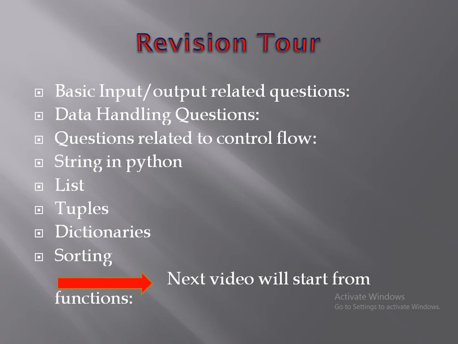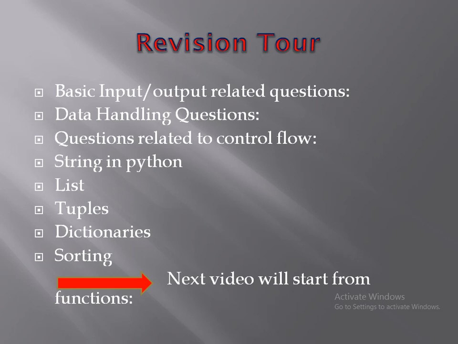Next one is string in Python. What is a string? Basically, a string is a sequence of characters. In Python there is no separate data type for characters, so we can say that a string is a Python sequence. Then lists and tuples.